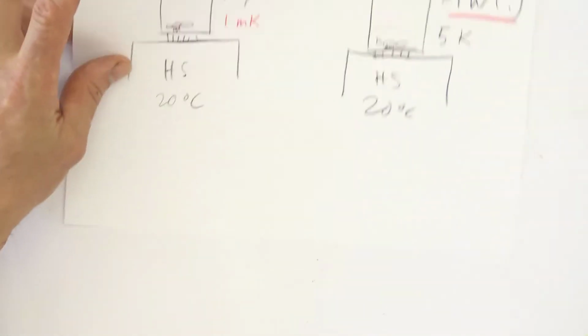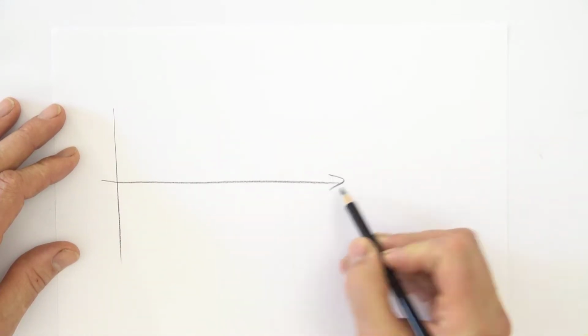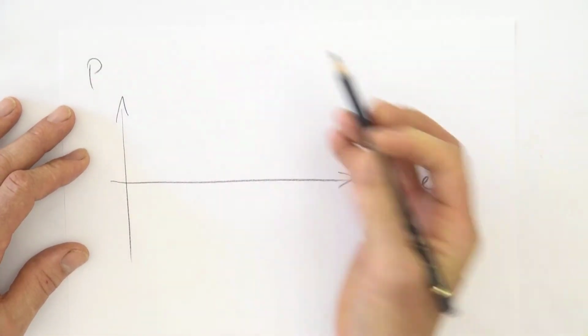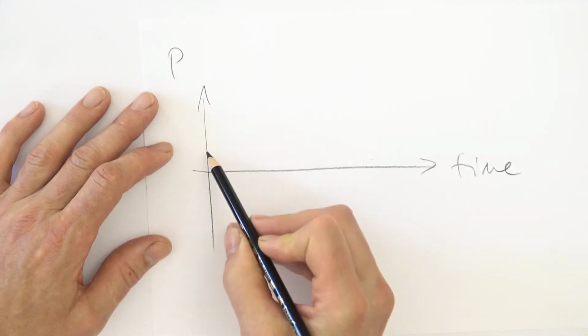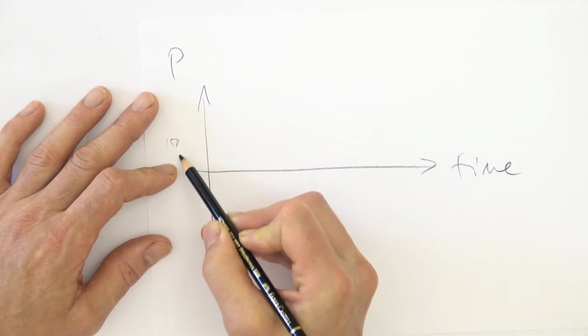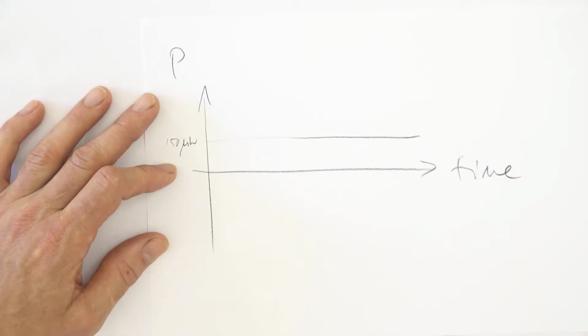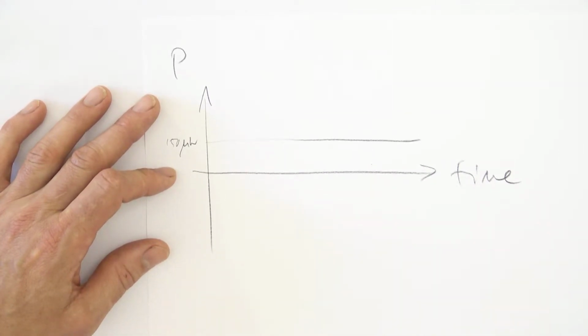So when we make a measurement, we have time and we have thermal power, and let's say we have these 150 microwatts, the insect thermal power.